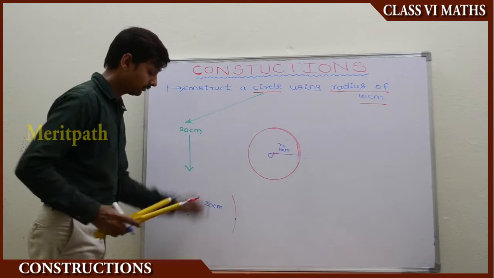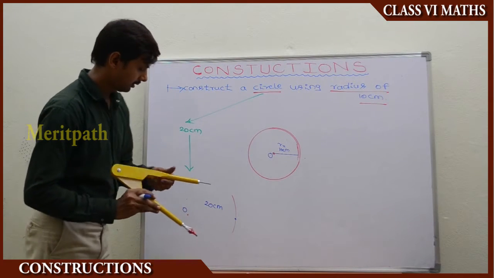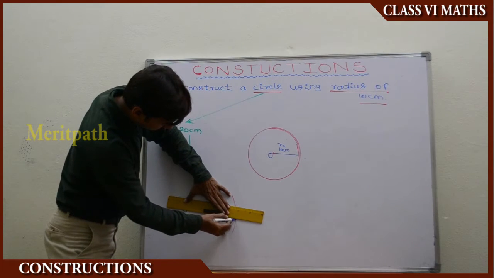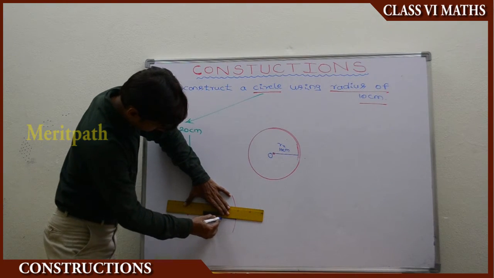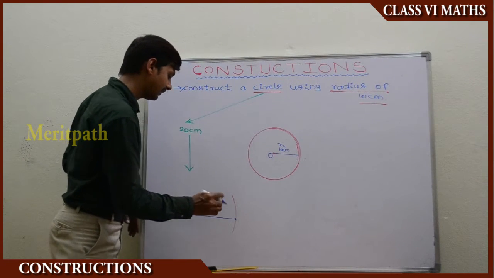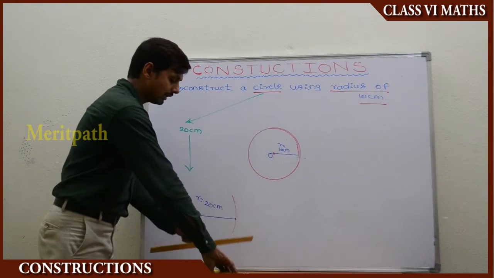Let's join these two using the ruler, and this is called the radius.